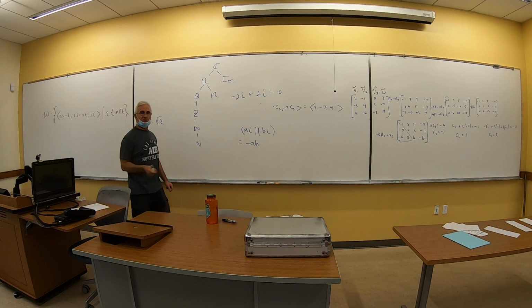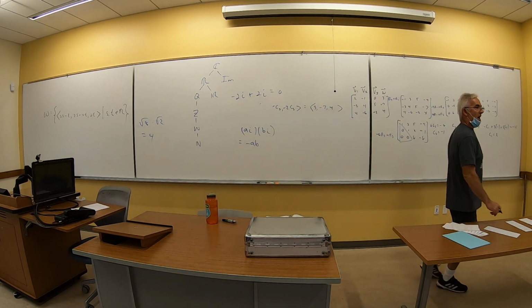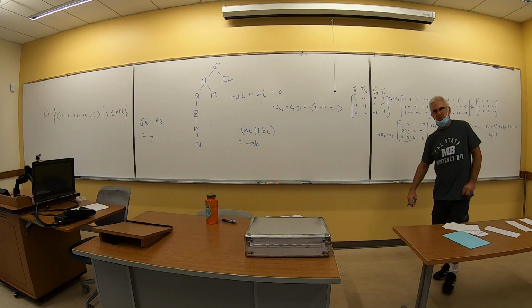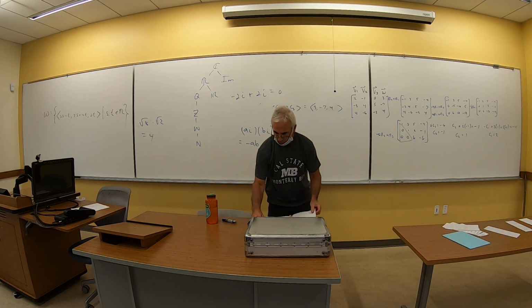So this is an infinite set, do you agree? This is an infinite set of vectors. I would like to know if this set is a vector space. So what we would do is we would go through all of the properties one at a time.